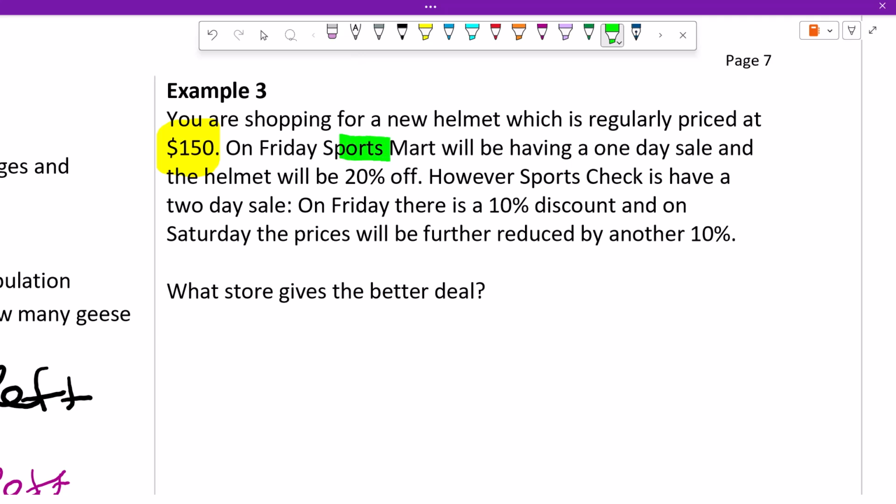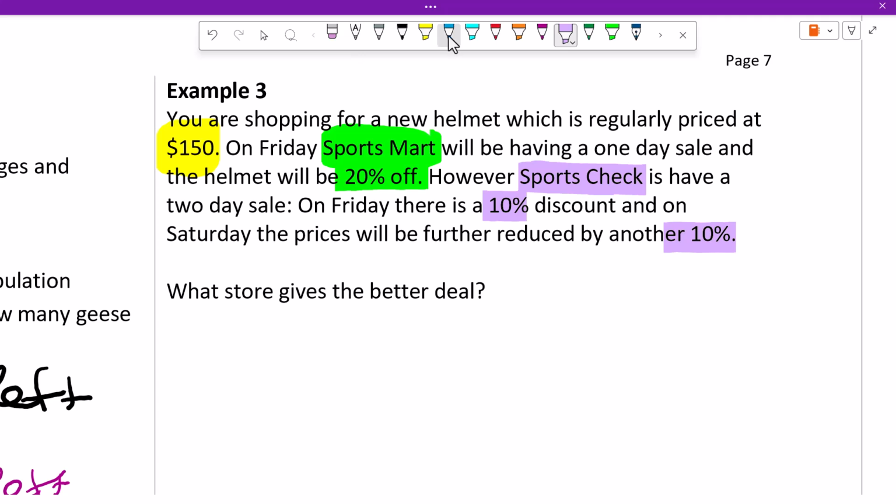Sports Mart is just having a one-day sale where they'll be taking 20% off the price. But Sports Check is having a two-day sale where the first day they take 10% off, and the second day on Saturday they take another 10% off. Sports Mart's pretty easy, 20% off.